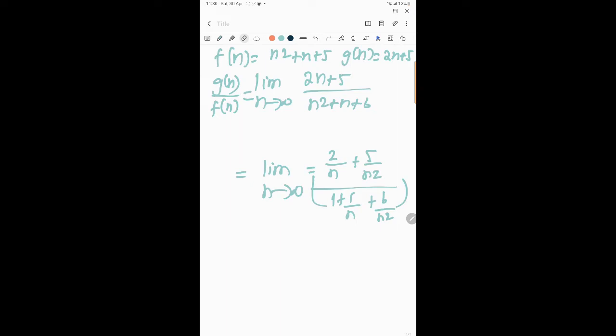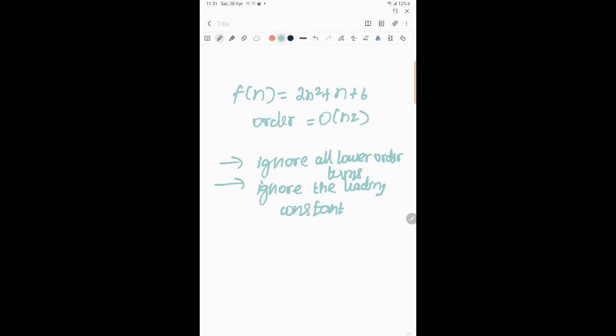When n tends to infinity, the numerator tends to 0 and the denominator tends to 1, since anything divided by infinity would be 0. So the limit evaluates to 0, and we say that f of n is strictly growing faster than g of n. So how do we find the order of growth of a program?